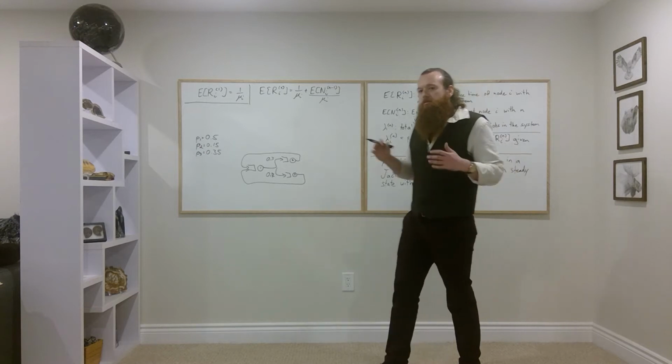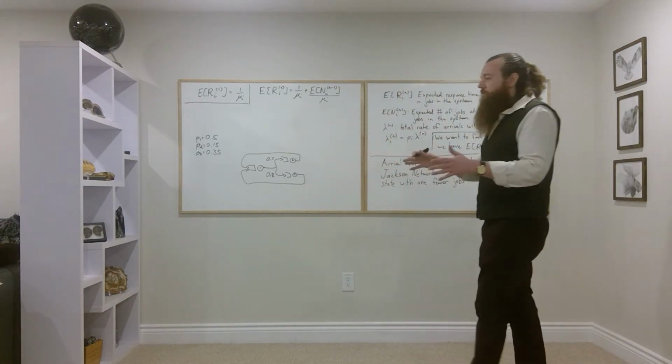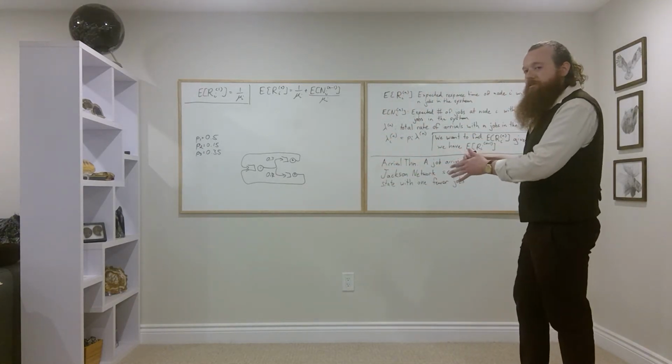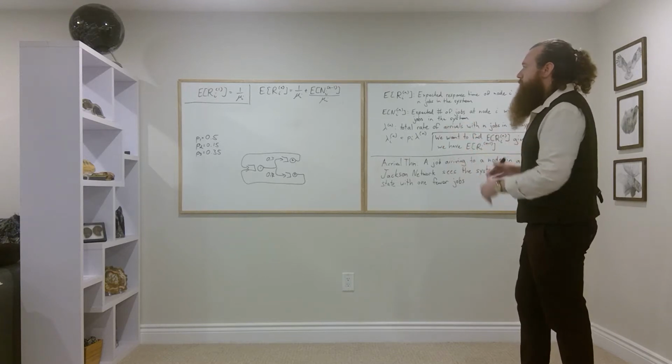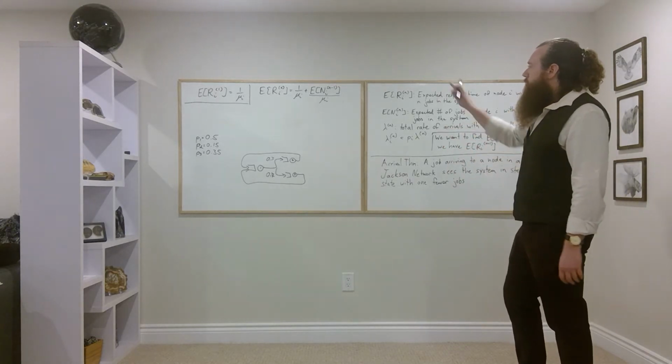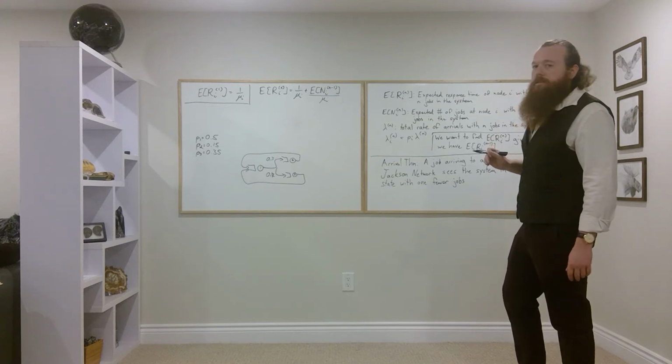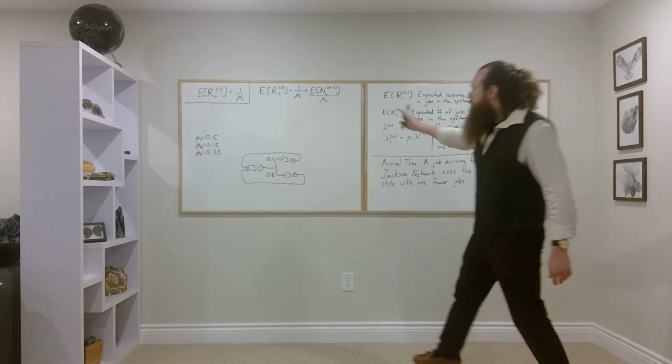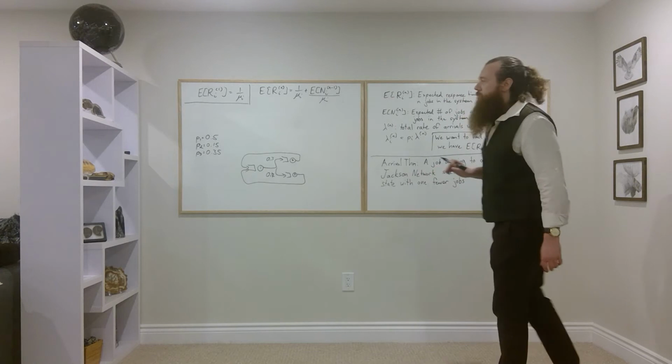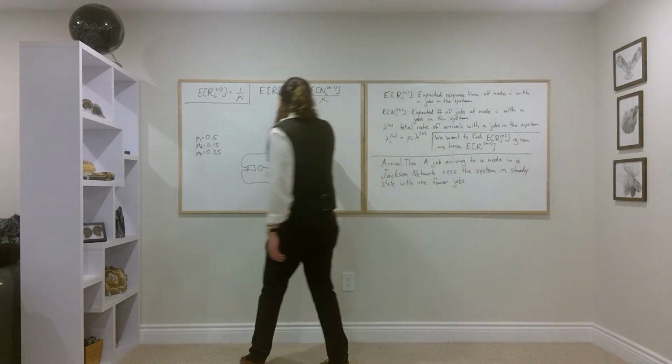Remember, I know from Little's law that the expected number of jobs in the system equals the arrival rate to the system, or the throughput of the system, times the expected response time. So what if we apply Little's law to this particular expression here in the numerator? Let's see what happens.